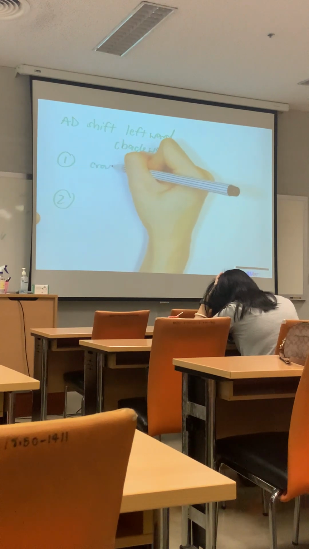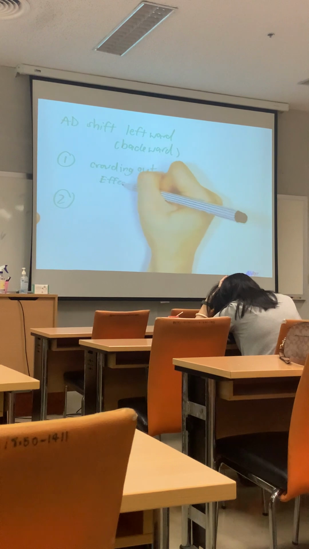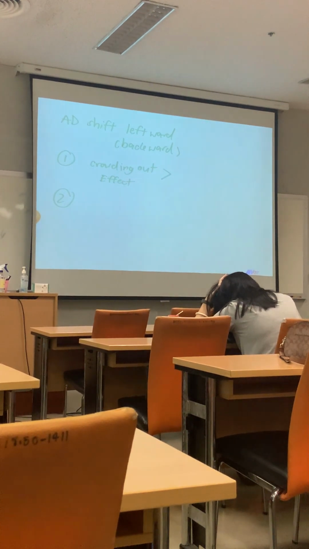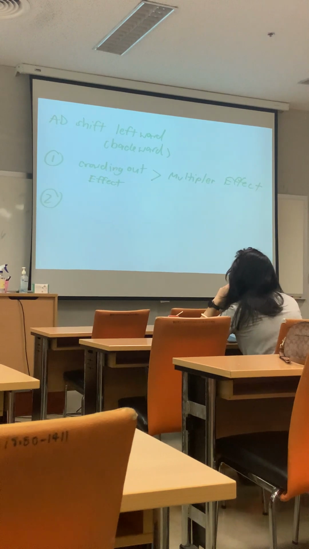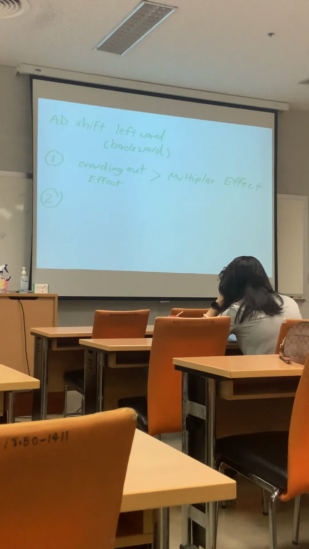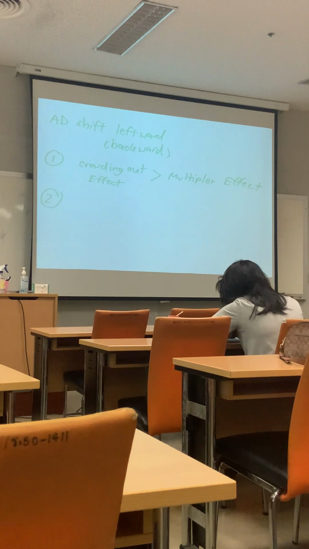If the crowding out effects are a lot bigger than the multiplier, the graph will shift AD back. And when you shift AD3 to AD4 backward, or leftward, you will shift a lot because right now crowding out is quite big. Okay, the effect of crowding out is quite big.